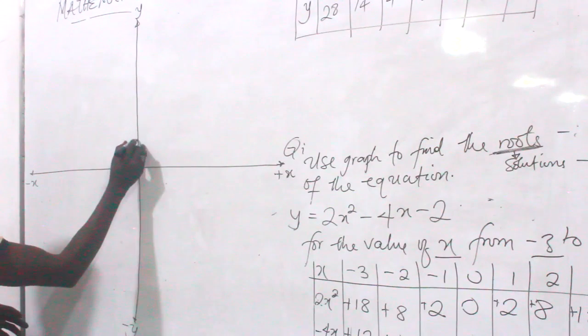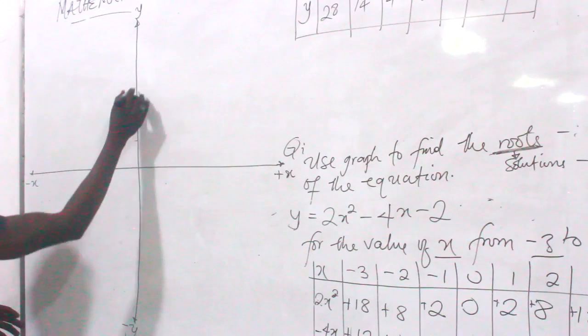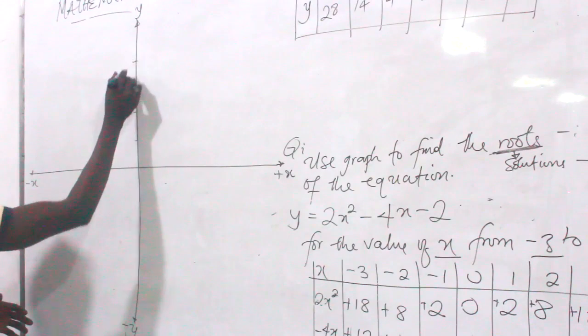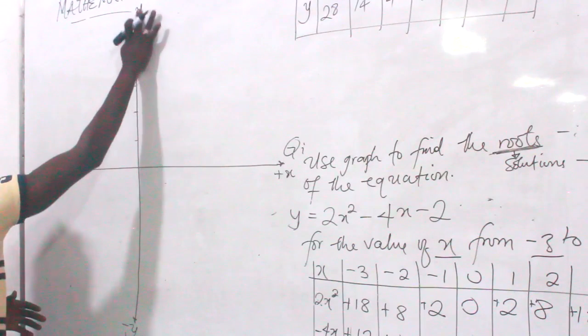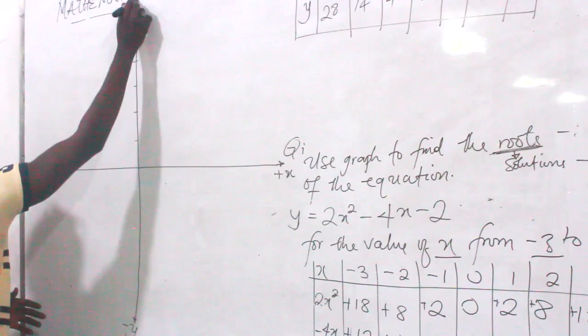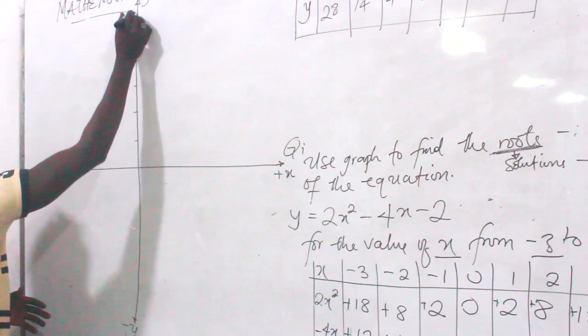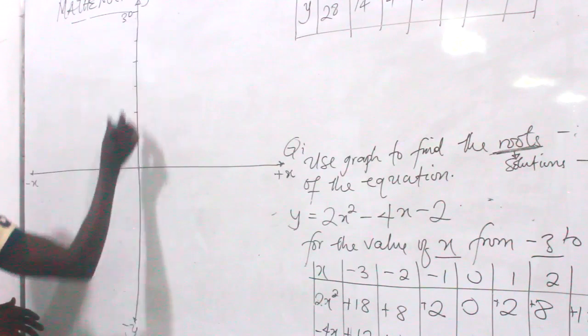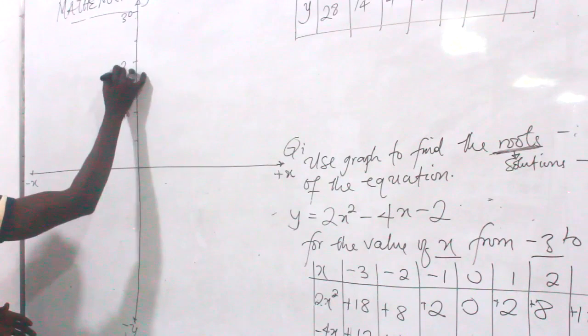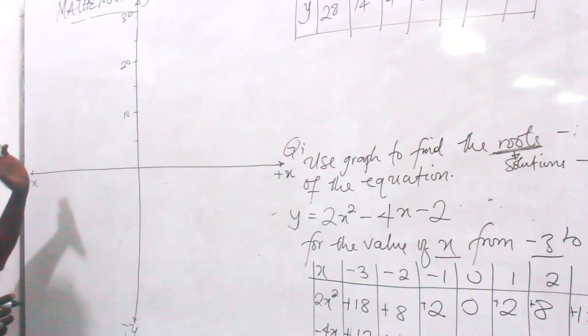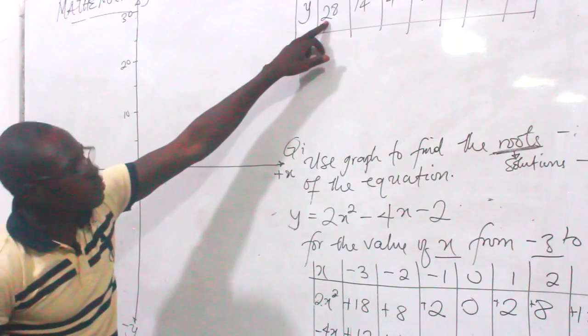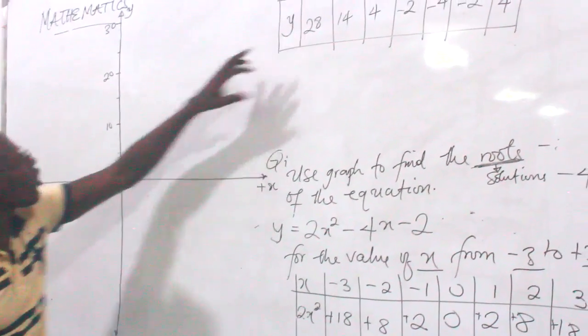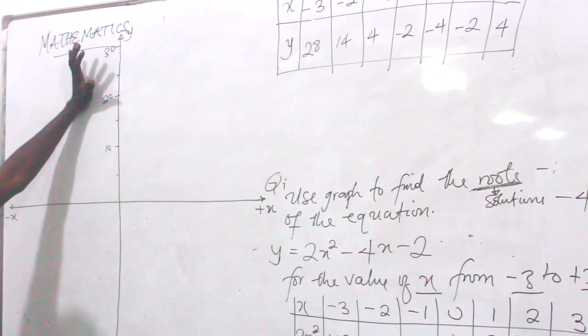So here we have 10, 20, let's increase this a little bit, and this is 30. So that this value, 28, will be accommodated within this range.